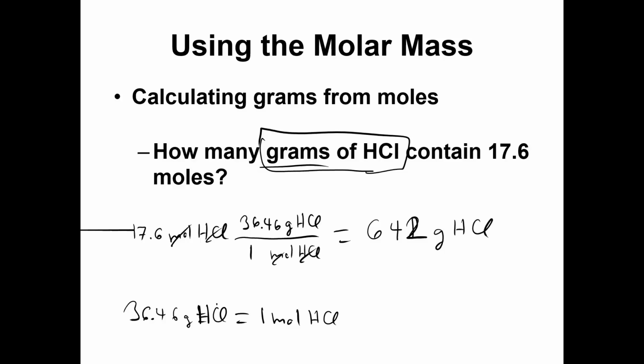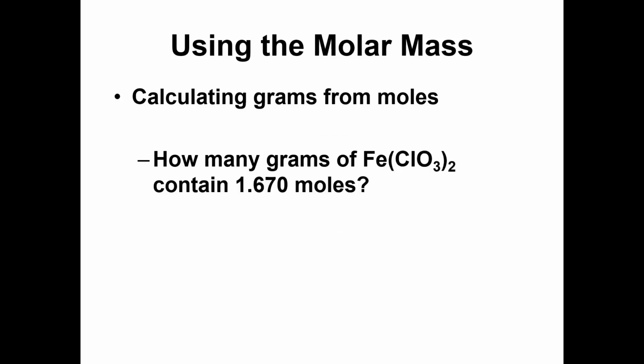Alright, so moles to grams and grams to moles are converted not by Avogadro's number, but with the mole concept. Let's do another one. How many grams of iron perchlorate contain 1.670 moles? Okay, so we need the conversion factor. We have iron, 2 times chlorine, and 6 times oxygen.